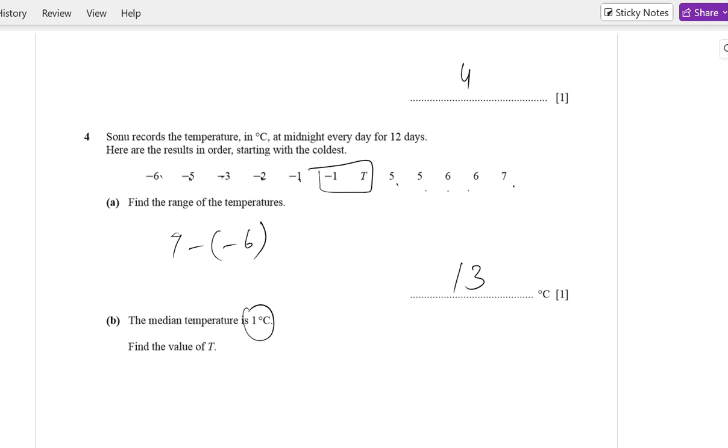Yes, so we saw that it's an even data set. So we will take the average of the center two, and we already know its answer, that is 1. So minus 1 plus t is equal to 2. Your t would be 3.